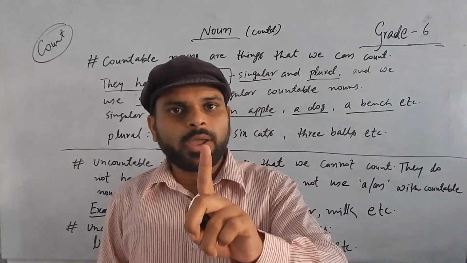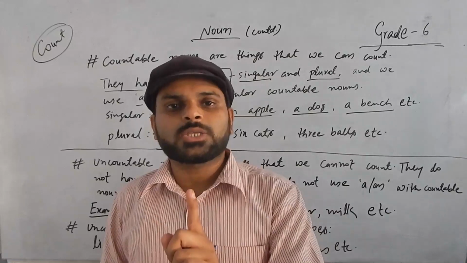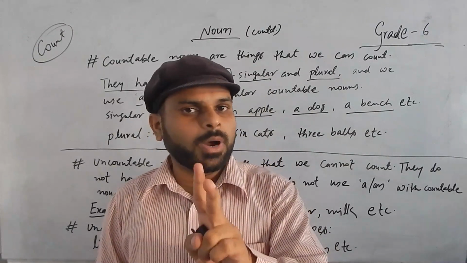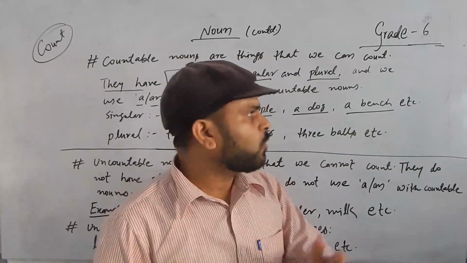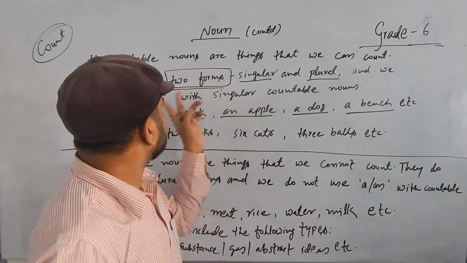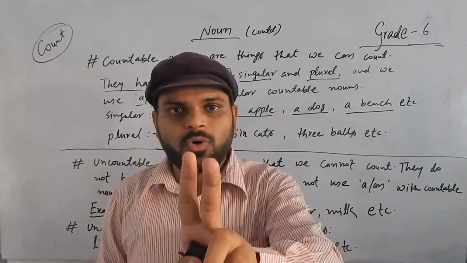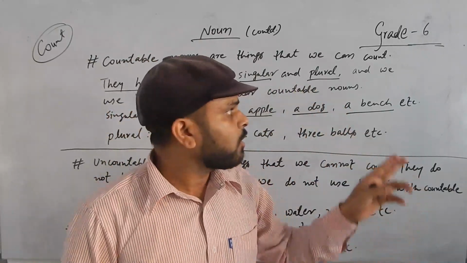A boy is a noun, but it's singular as well. 2 boys is also a noun, but a plural noun. So the definition says that countable nouns have two forms, singular and plural.